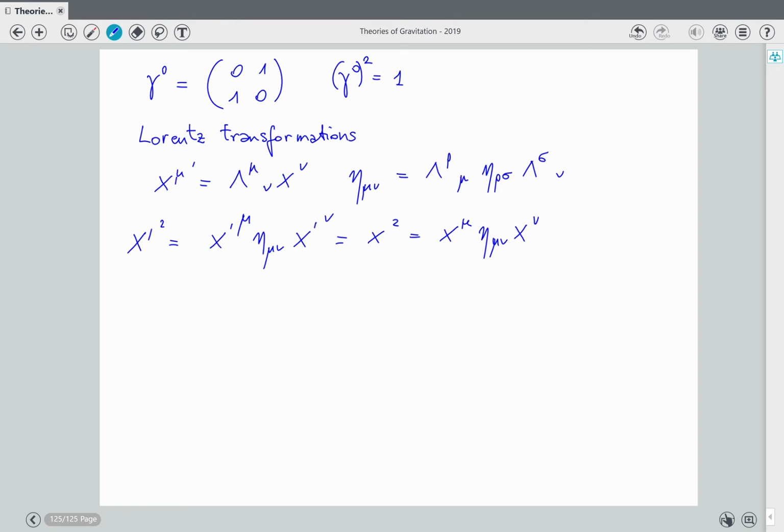Why? Because if you replace it, you will have lambda mu rho x rho eta mu nu lambda nu sigma x sigma, and then you use that identity to say that this is equal to eta rho sigma. And so x prime squared is invariant.